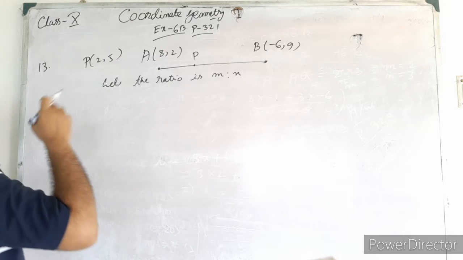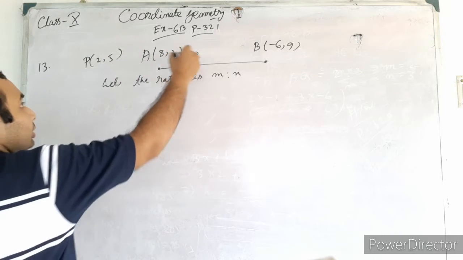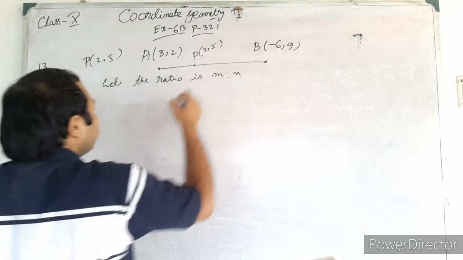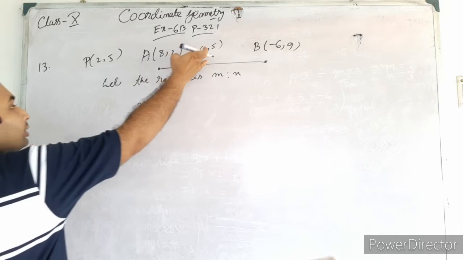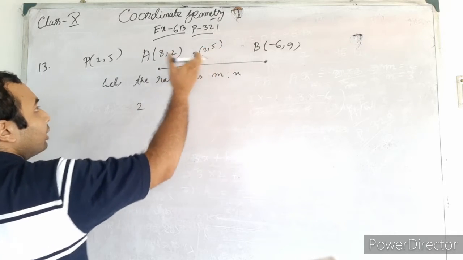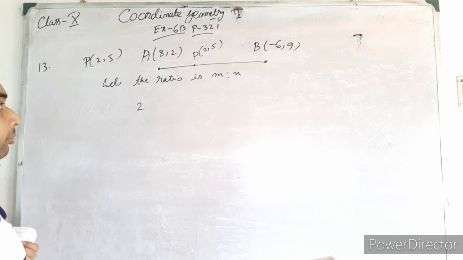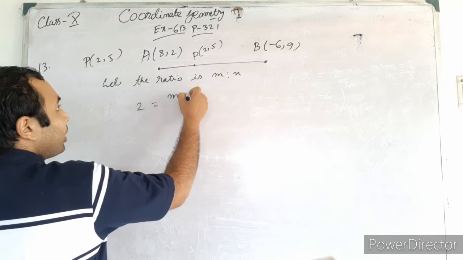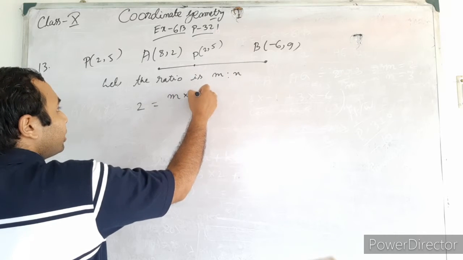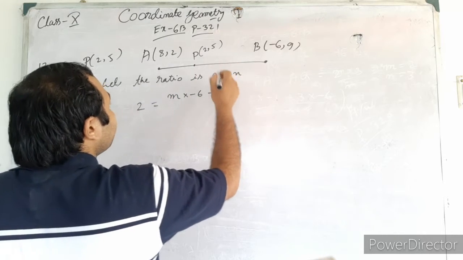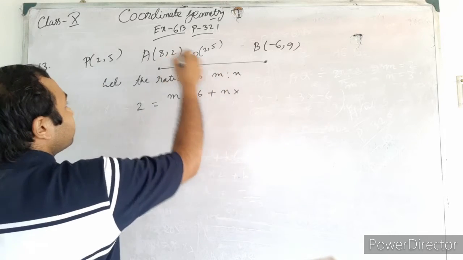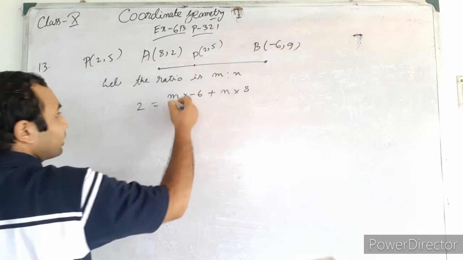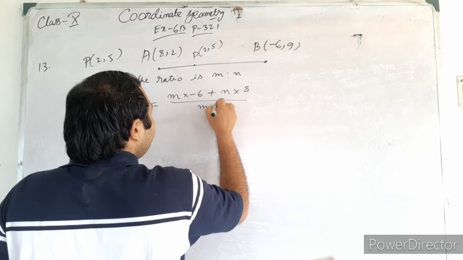Now, P is given as (2, 5). Previously, the rule was x equals (m x2 plus n x1) by (m plus n). So here, 2 equals (m into -6 plus n into 8) by (m plus n).